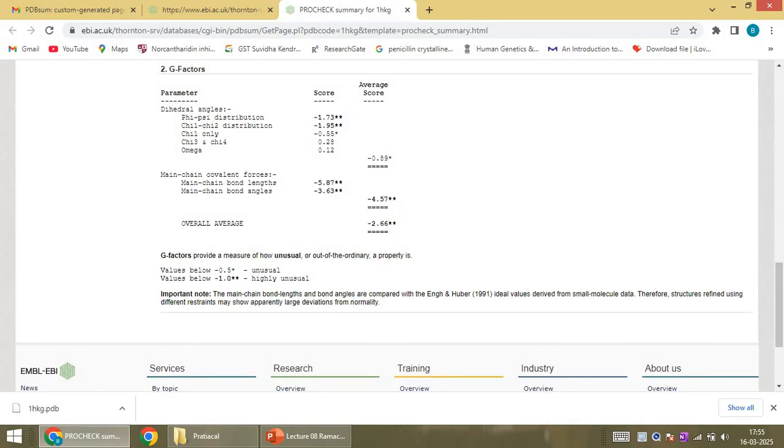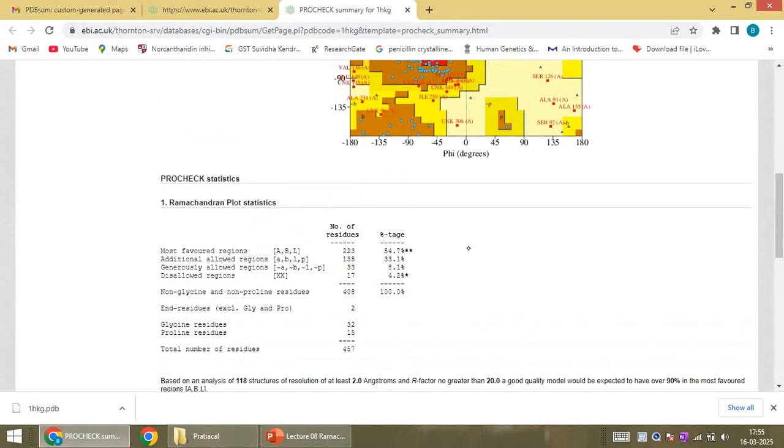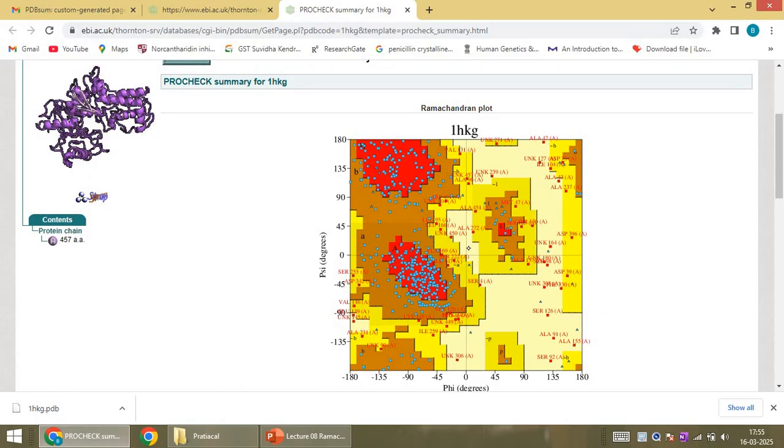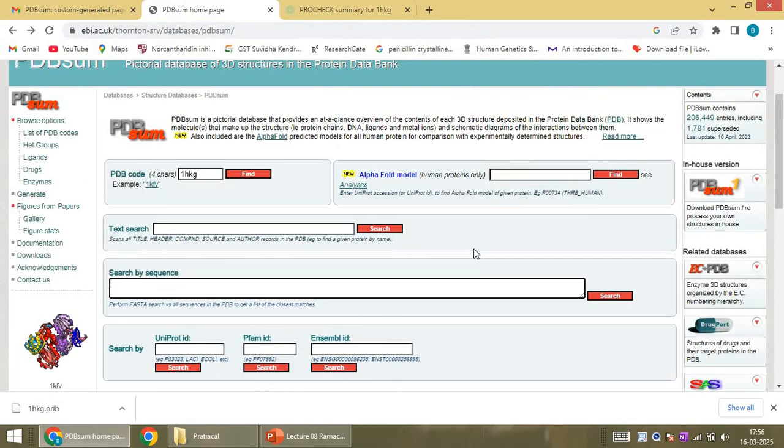In this way we easily retrieve the Ramachandran plot of our target molecule. Whenever we want to search our target molecule by sequence, then we submit the FASTA format of our target sequence.